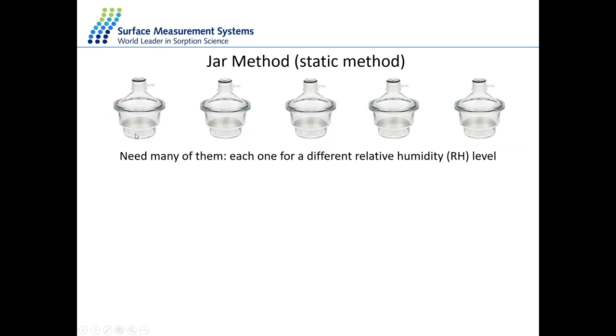This creates a constant level of humidity inside the desiccator. We dry our sample, we record an initial mass of the sample, and then we load the sample into the desiccator. In the desiccator, it will be exposed to a constant value of humidity over time. We wait for a few days, we remove the sample from the desiccator, we record the mass, we put it back in, and repeat the process.